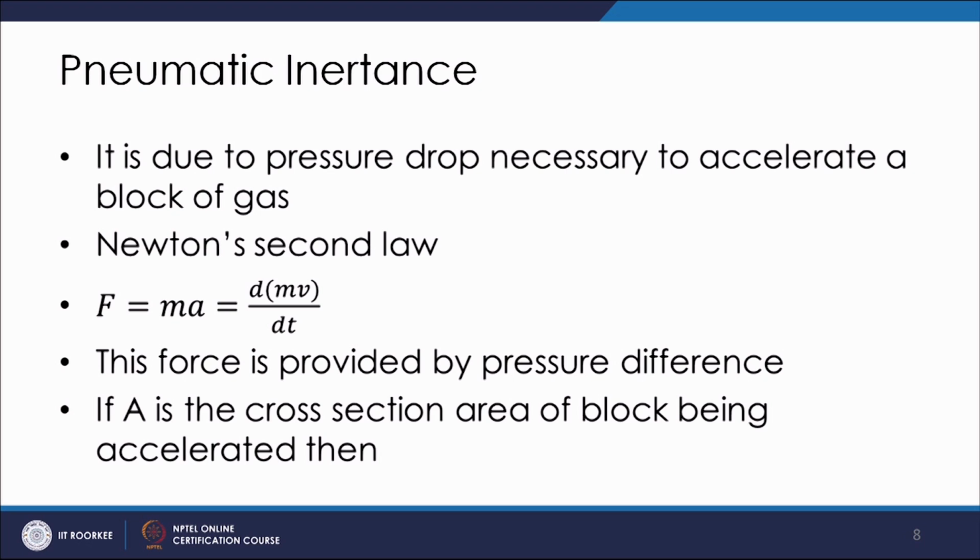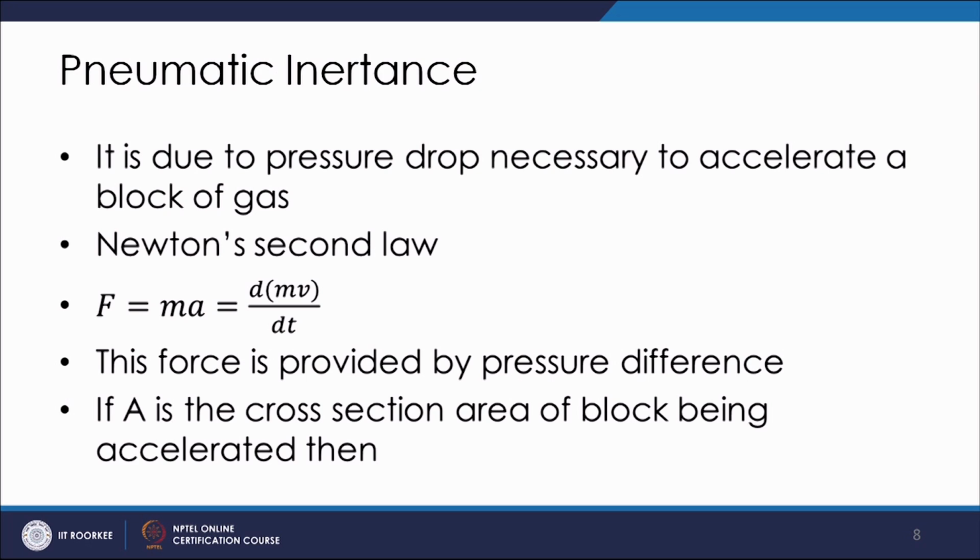To arrive at it, let us look at Newton's second law, that is F equal to mass times acceleration, or d by dt of mv, the rate of change of momentum. Now this F which I am talking about is actually provided because of the pressure drop. So this force is provided by the pressure difference.